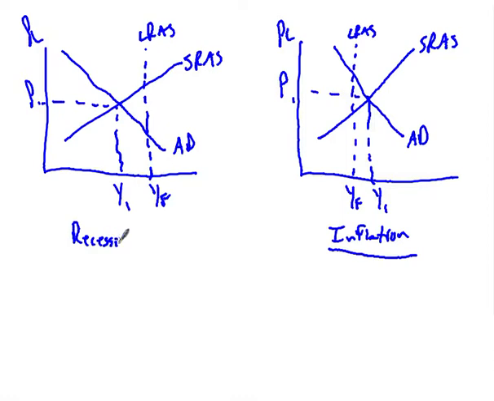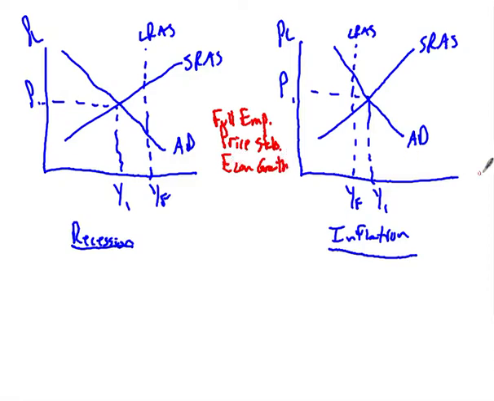And remember, the Federal Reserve has those three macroeconomic objectives. They want full employment, price stability, and economic growth.